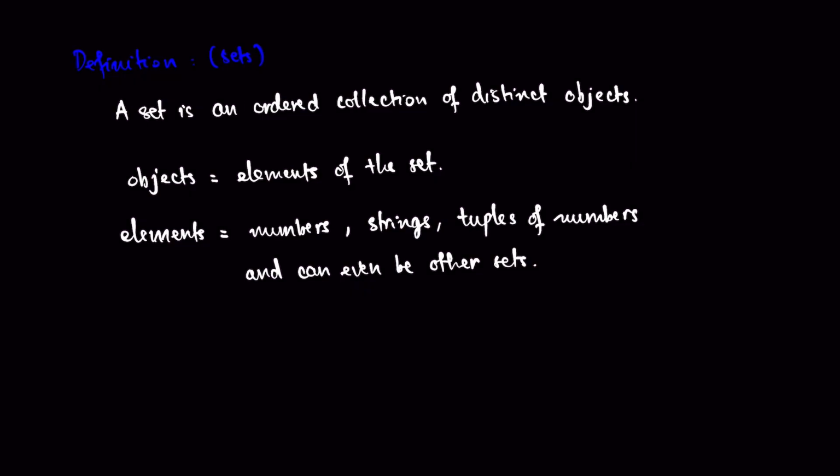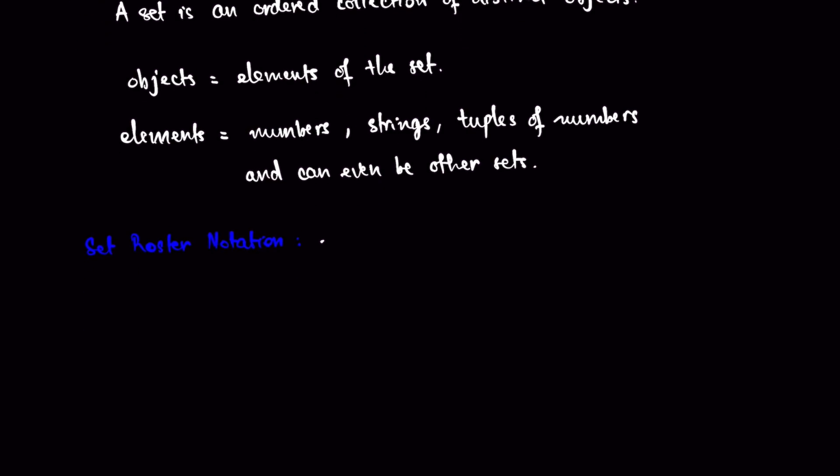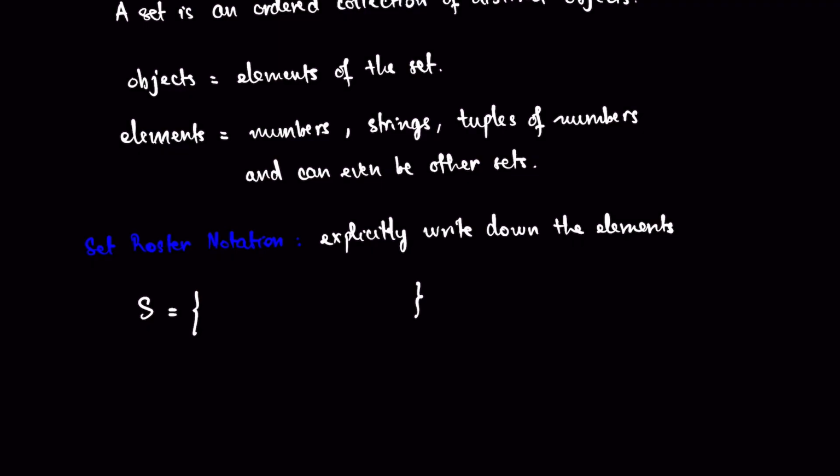One way to describe a set is to use something called set roster notation. For this notation, what you do is explicitly write down the elements. To describe a set, you have a capital letter indicate the set that you're working with, the equal sign, and the elements that you're going to explicitly write down will be included between the two curly brackets.